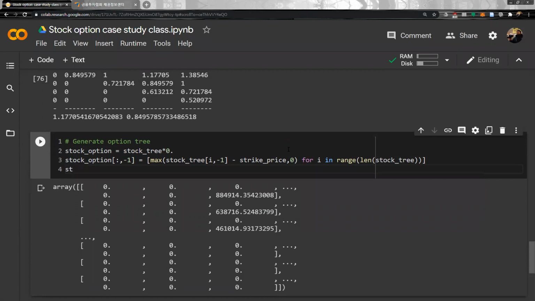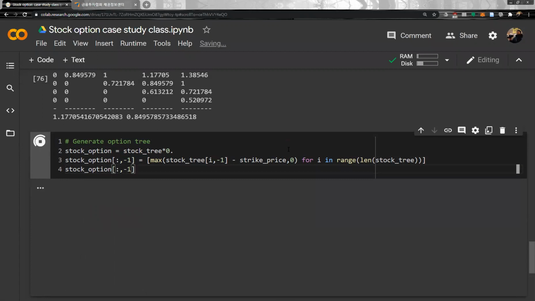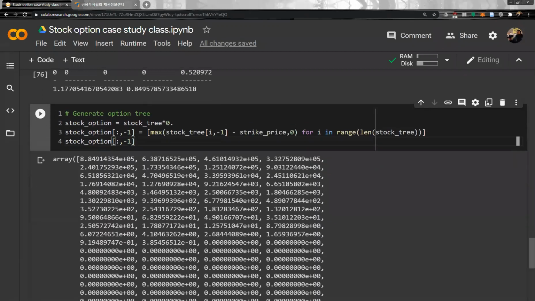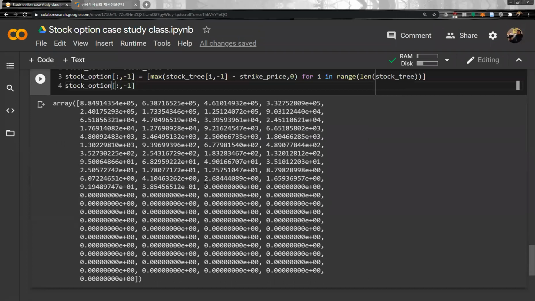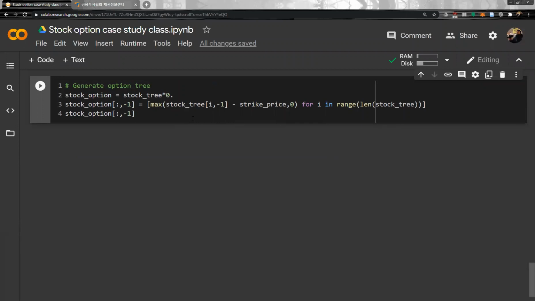Let me check the stock option. Last column is like this one. Okay, good. So in this region, stock option is exercised, and in this region, stock option is not exercised. Good. And then now we have to do backward induction.